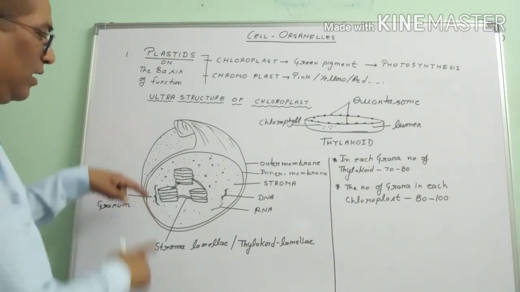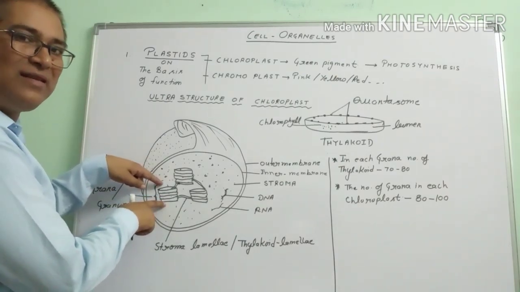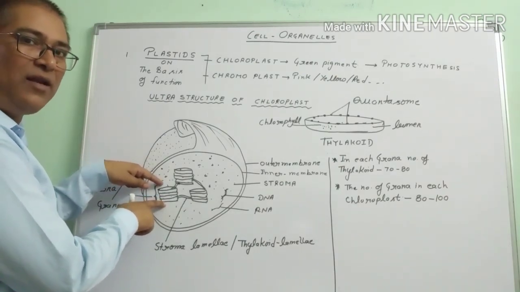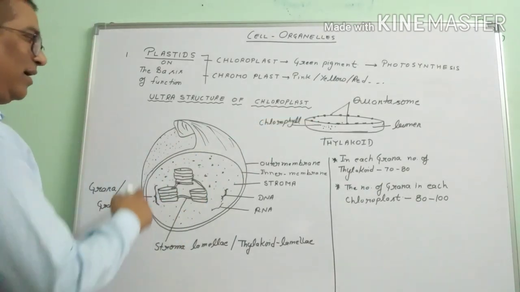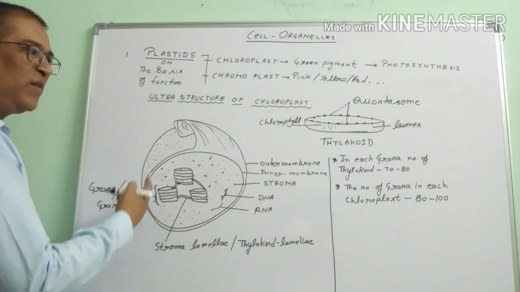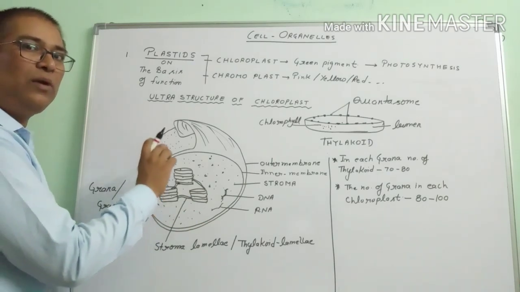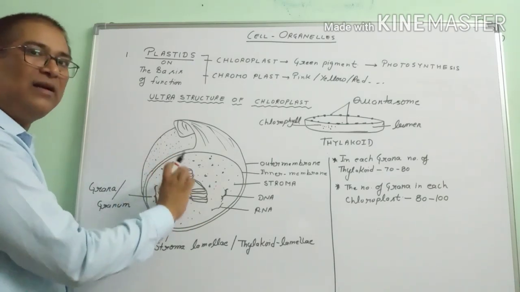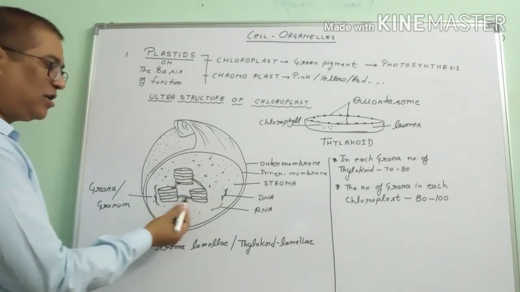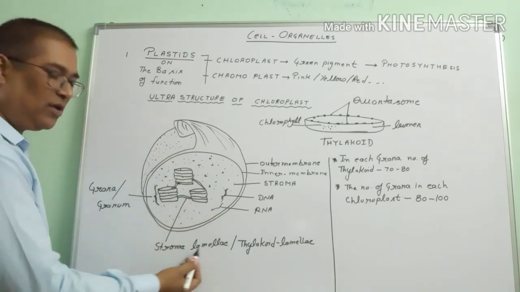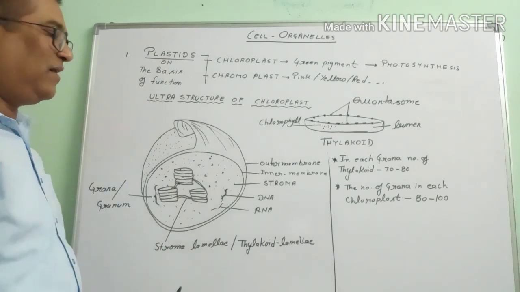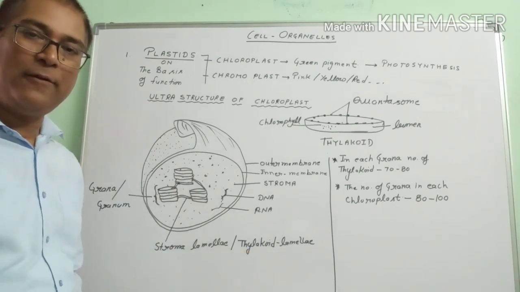Again, each grana consists of 70 to 80 thylakoids. Each chloroplast contains 80 to 100 of these grana. The grana are linked together by the help of stroma lamellae, or you can say thylakoid lamellae.